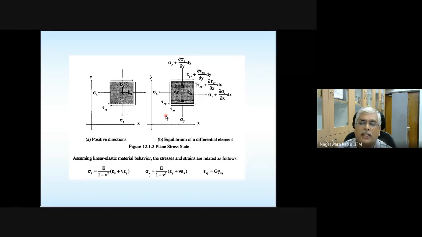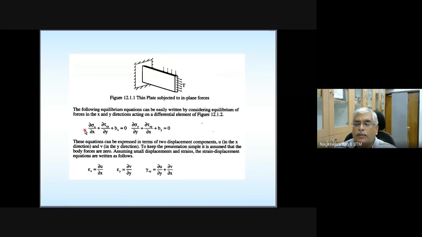So when writing the equilibrium condition, we need to consider this body force as well, unless you ignore it. Since we are writing general equilibrium equations for the two-dimensional case, the body force is included. So if you write the equilibrium equations, you are going to get this. Please take a note of it.